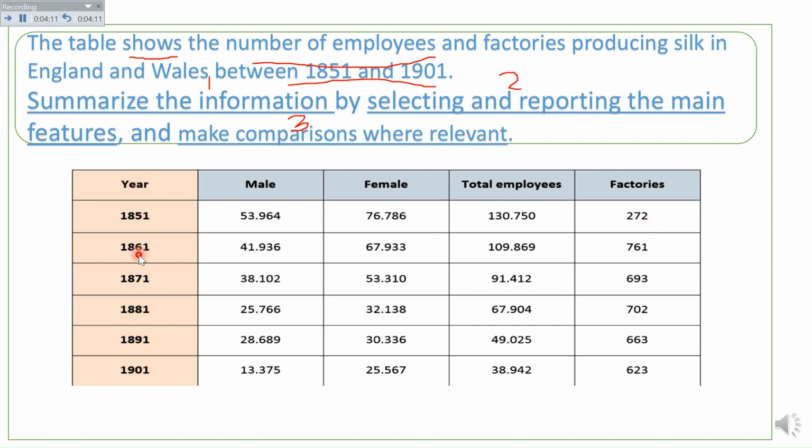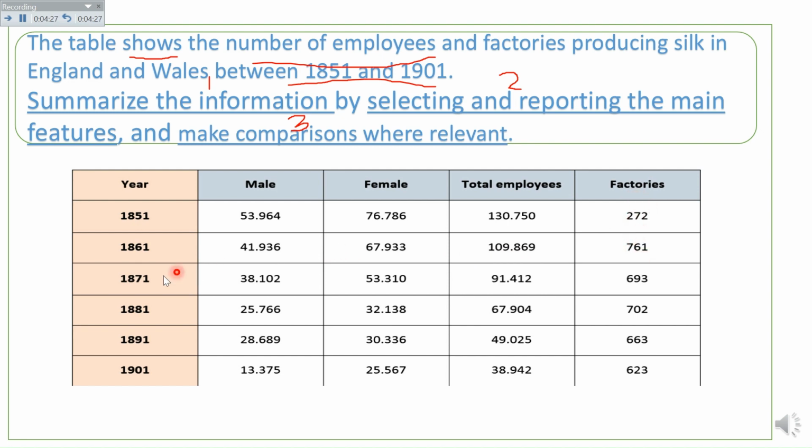In the next year, in 1861, we see the total number of employees decreased, a decrease of 20,000, right? While the number of factories increased three times, right?